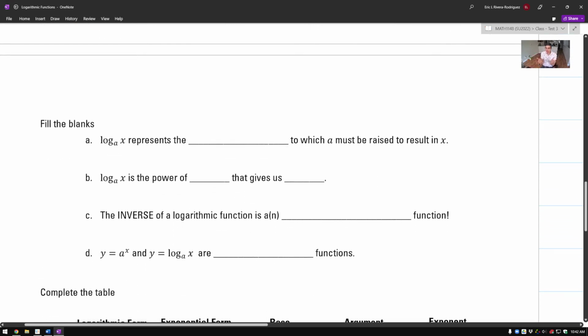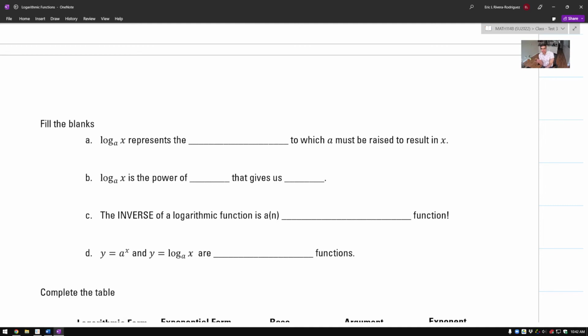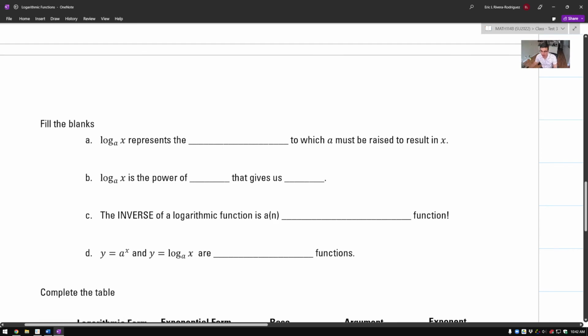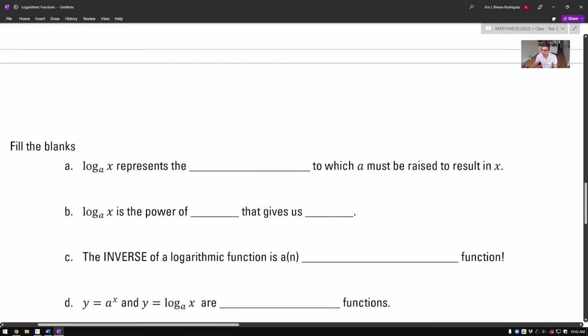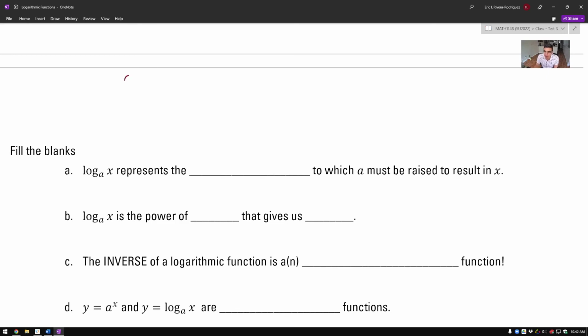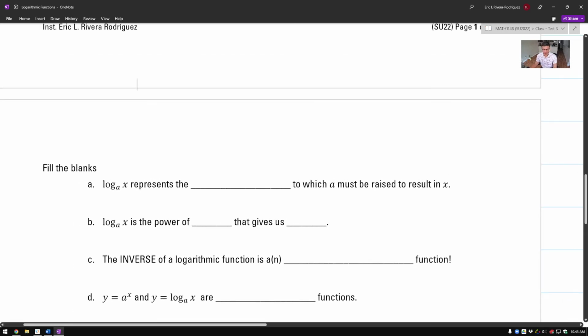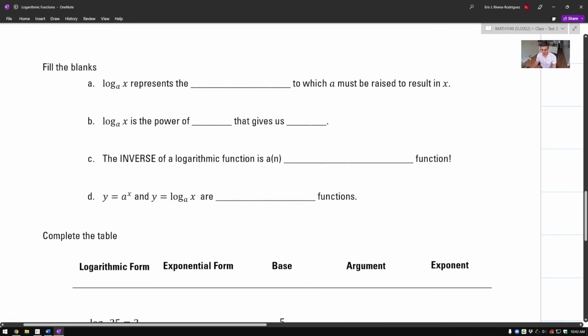To understand the concept of logarithmic functions and that they are the inverse function of the exponential function, we are going to do this exercise. 2 raised to the power of 2, what is that value? Did I say 2? 3 raised to the power of 2.